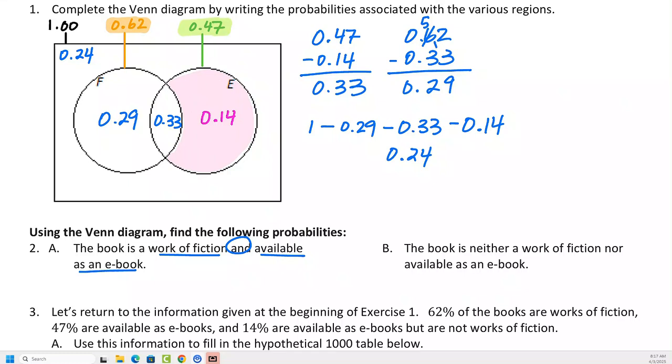What part of the Venn diagram is that, you guys? The middle, where the two circles intersect. So it's going to be this section right here. Anything in that section is in the circle work of fiction and in the circle ebook. So the answer to that one is going to be 0.26.